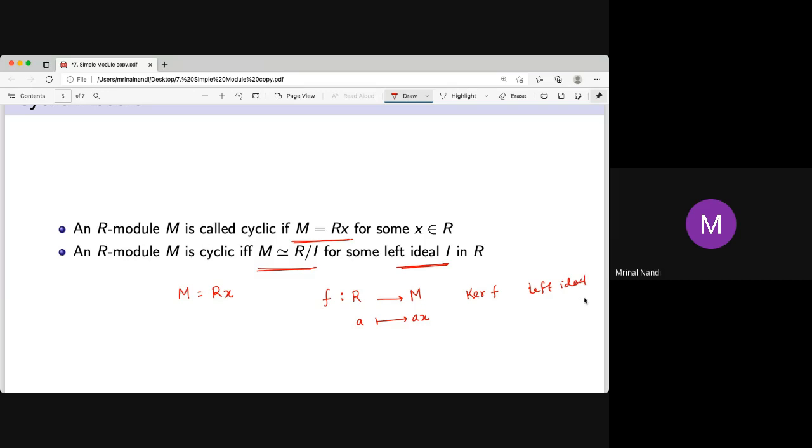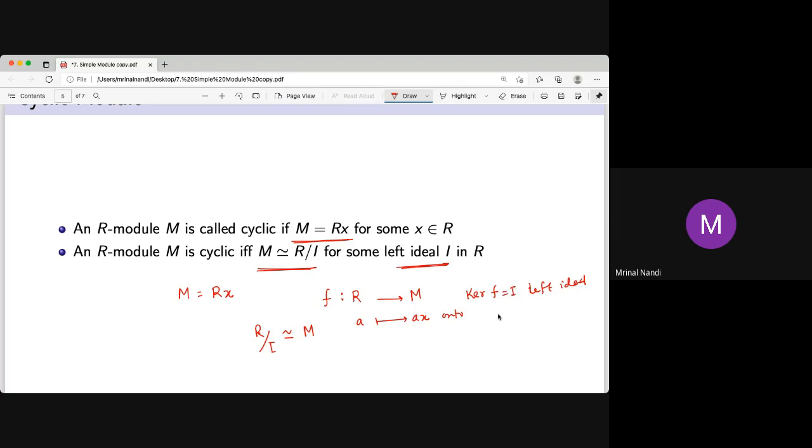This is onto because M is cyclic; every element can be written as a into x. Now the kernel of f is a left ideal, so by the first isomorphism theorem, M is isomorphic to R mod I, where I is the kernel. Okay, one part is done.